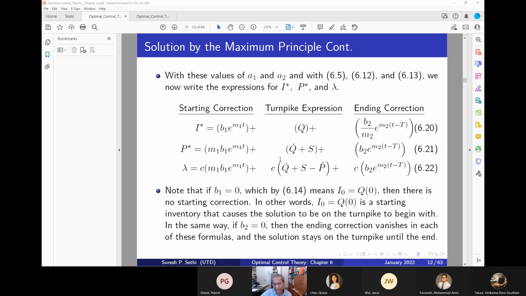Why call it a turnpike? Think about a freeway. On the freeway, you are, let's say, going to somebody who lives in Fort Worth. So a friend lives in Fort Worth, you live around here.